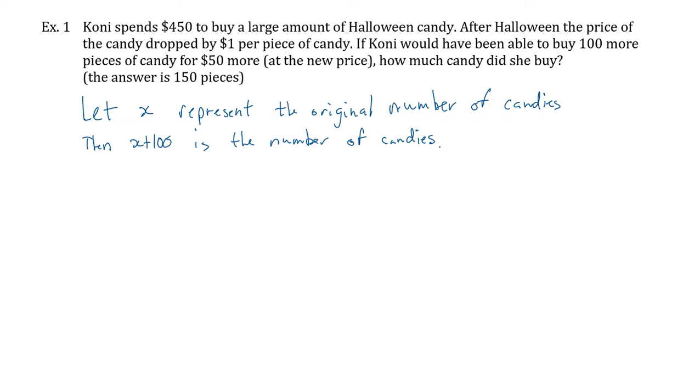Yes, I want both. Now here's probably the trick. Are we going to write the new number of candies or just the number of candies? Oh, I meant to write the new. Thank you. Definitely, new number of candies.